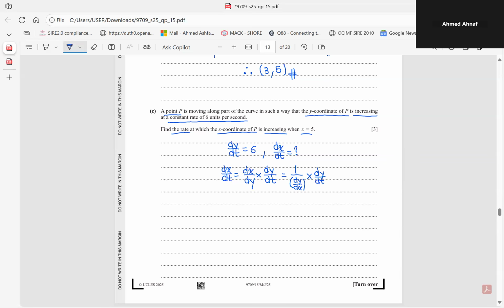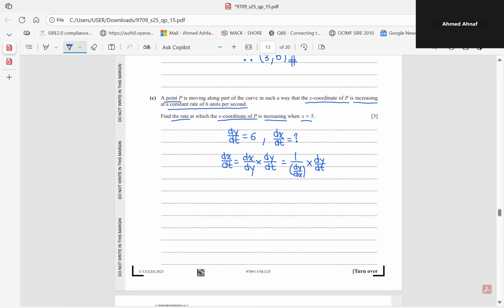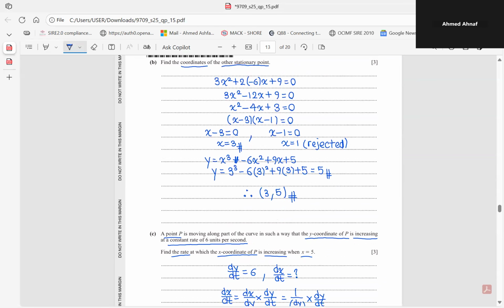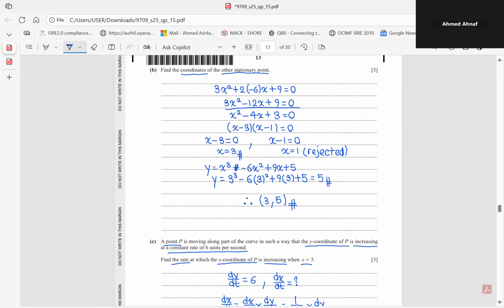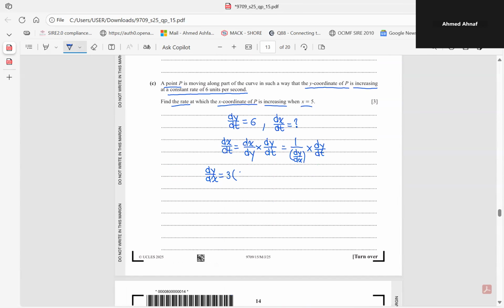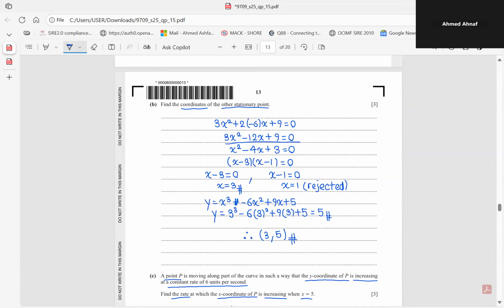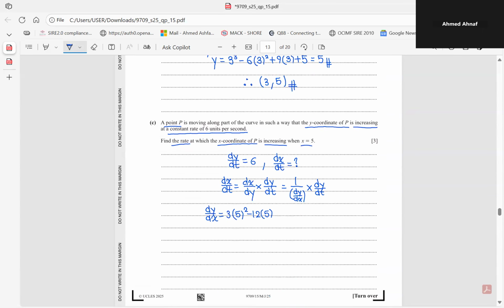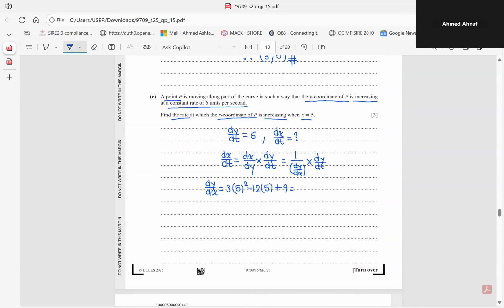Now we're going to evaluate dy/dx when x equals 5. So dy/dx equals, this is our expression, 3x squared minus 12x plus 9. So 3 times 5 squared minus 12 times 5 plus 9, which is 24.